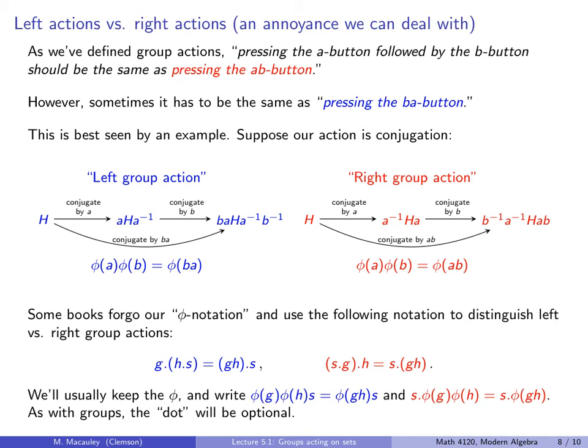So as with groups, the dot will be optional. I chose to put it in here because it seems like there should be a space between the S and the phi, whereas I didn't feel like that dot was as necessary over here because there's an end parentheses right before the S.